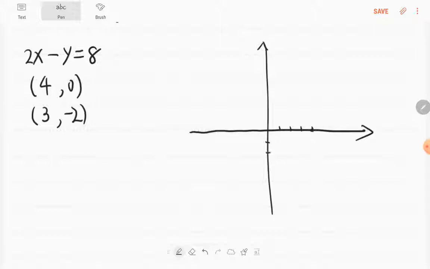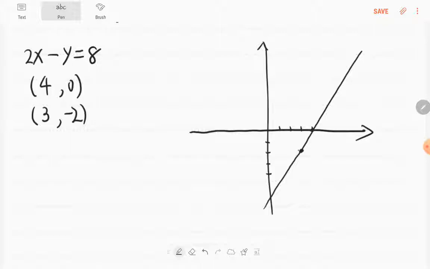When x equals 3, y is negative 2, which is this point. Then we connect these 2 points. So this would be the line.